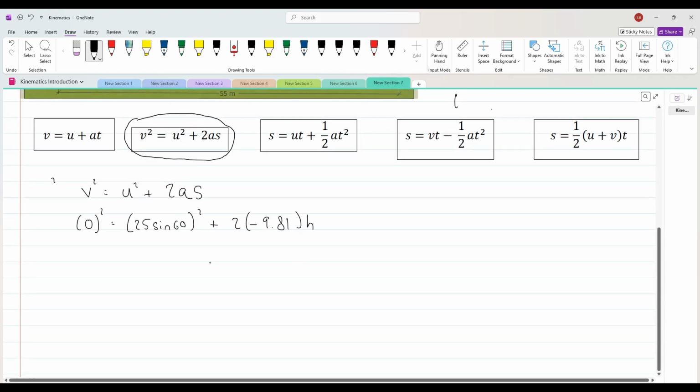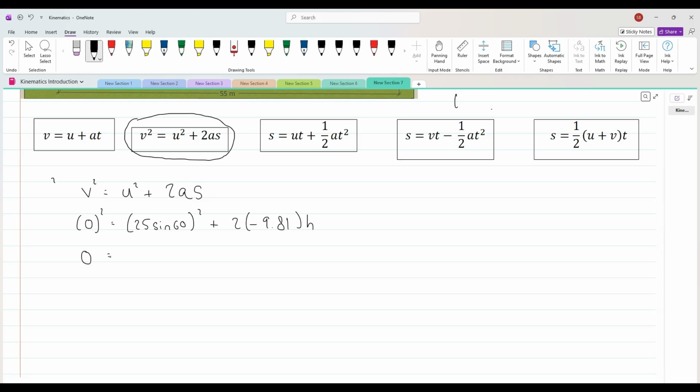So cleaning this up, we would have 0 equals 25 sine 60 squared, which gives us 468.75. Sorry, no, it's going to be a negative. 2 times negative 9.81 is negative 19.62h. So let's add 19.62h to both sides.